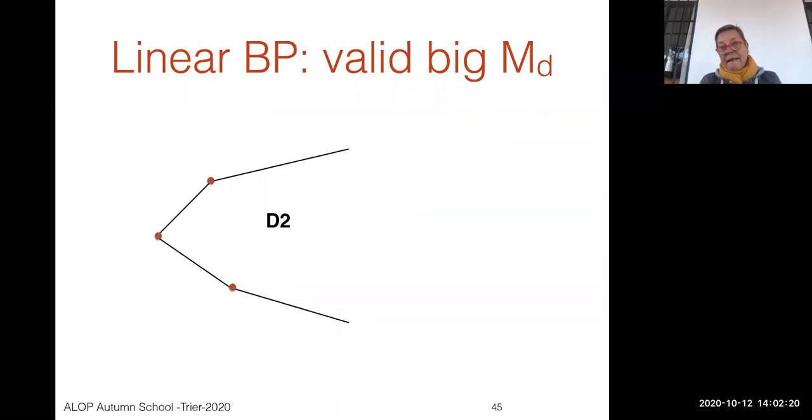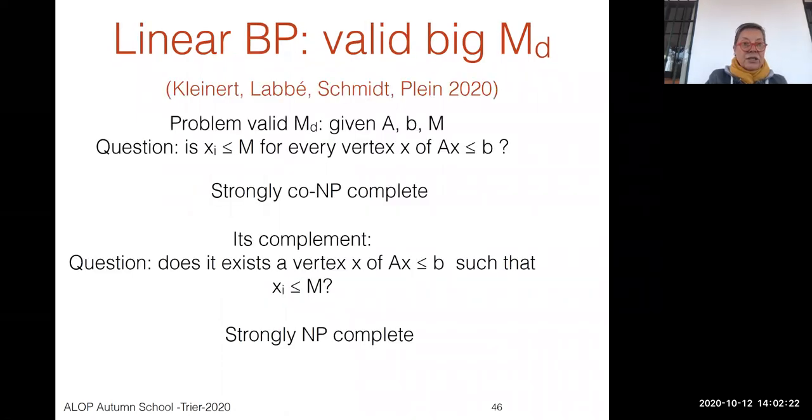And this is, in fact, what we have done recently. We have considered this, and interestingly, what we have shown is that verifying whether a big M is valid is a difficult problem.